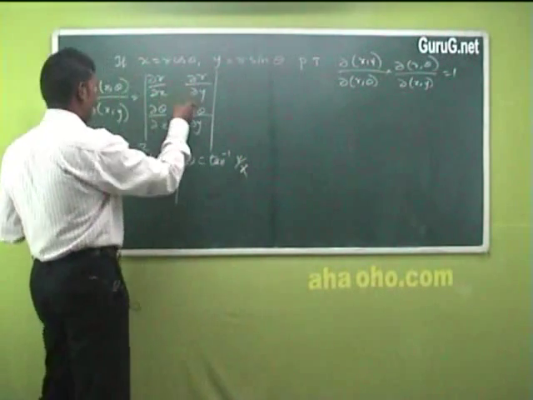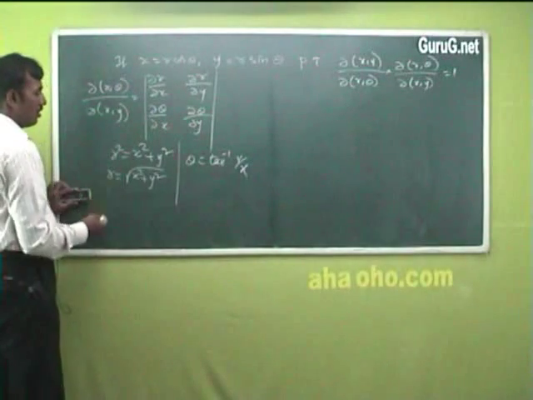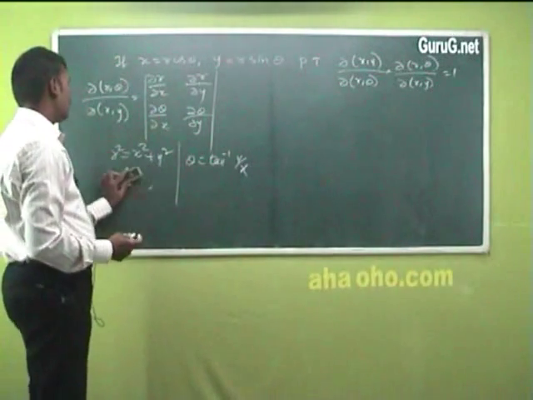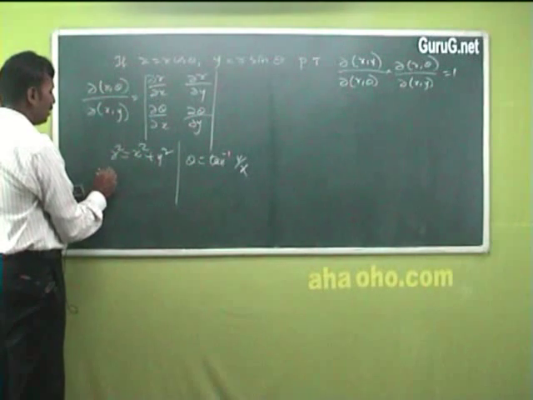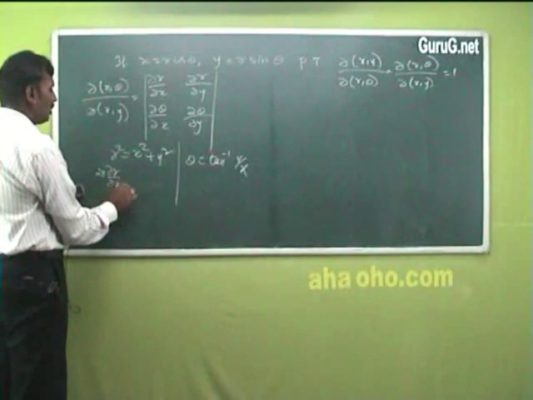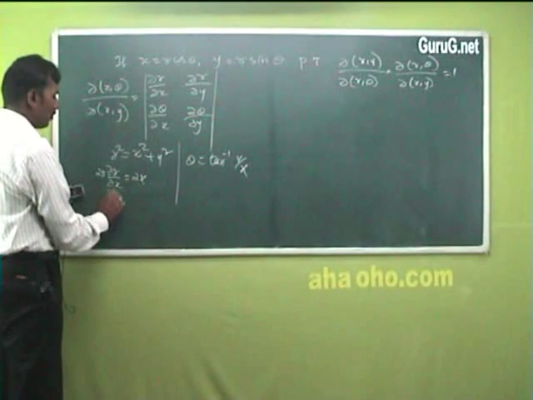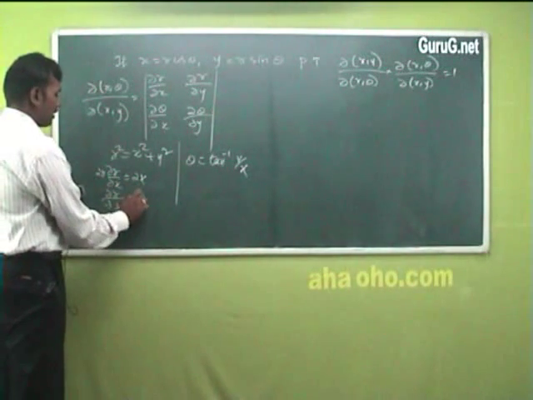Now you find out these values. So ∂r/∂x. You can differentiate r squared equals x squared plus y squared with respect to x. You get 2r ∂r/∂x equal to 2x, then ∂r/∂x equals x by r.